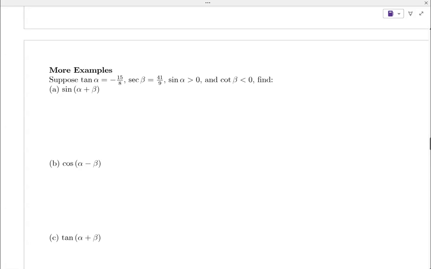All right. So let's go back to the topic at hand that we were talking about before break, and that was looking at our sum and difference formulas for sine, cosine, and tangent, and being able to do some problems with them. In particular, we talked about doing problems of finding exact values of sine, cosine, or tangent for angles that we didn't know, but could rewrite them as sums or differences of angles that we did know.